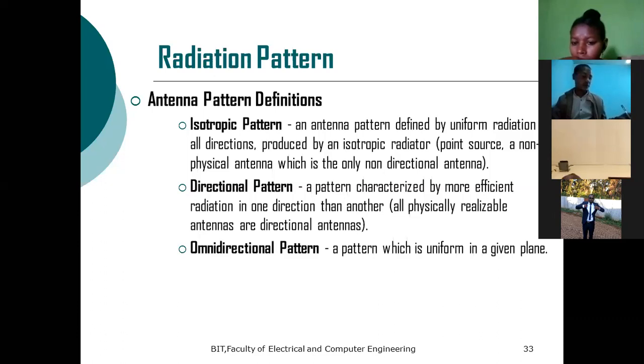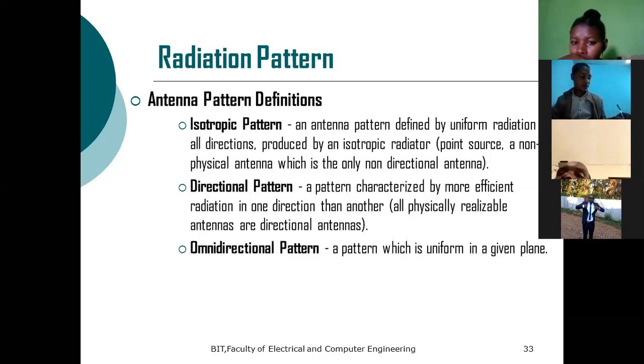An isotropic antenna is an antenna which radiates electromagnetic wave uniformly in all directions.